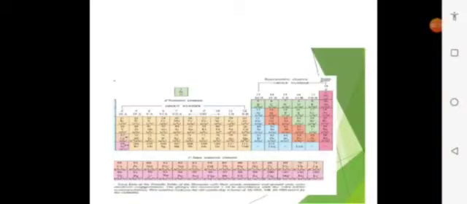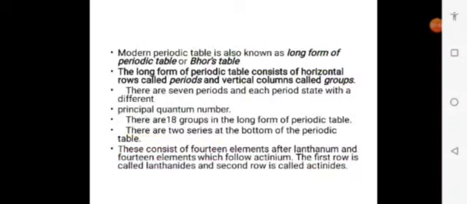The last one is the P block, groups 13 to 18. These groups 13, 14, 15, 16, 17, 18 are P block elements. At the bottom of the periodic table, there are two lines which are called F block elements, also called inner transition elements.